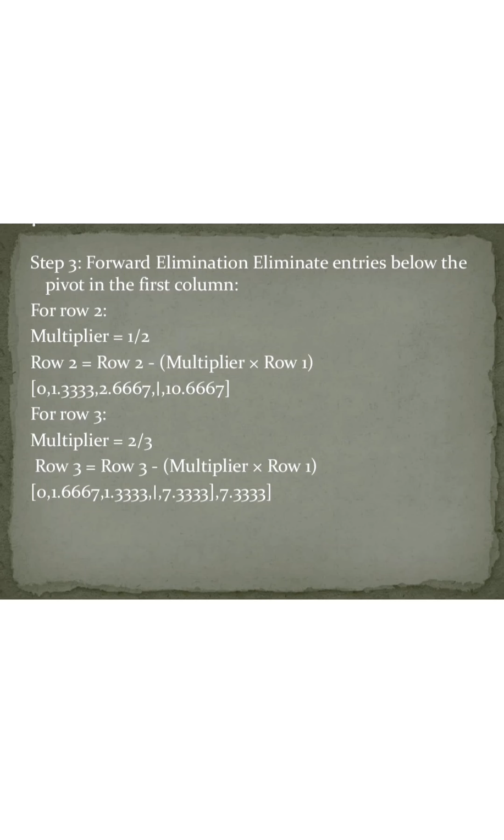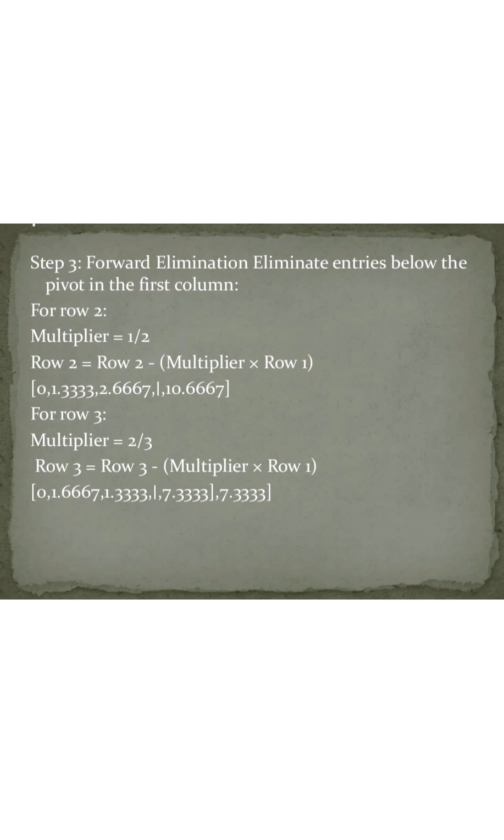For row 2, multiplier equals 1 by 3. Row 2 equals row 2 minus multiplier times row 1: 0, 1.3333, 2.6667, 10.6667. For row 3, multiplier equals 2 by 3.